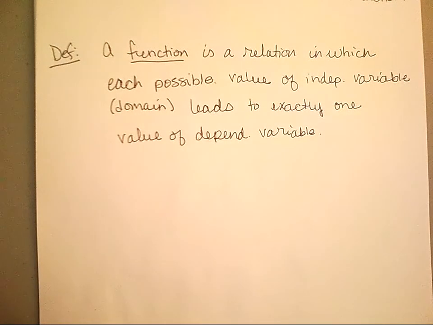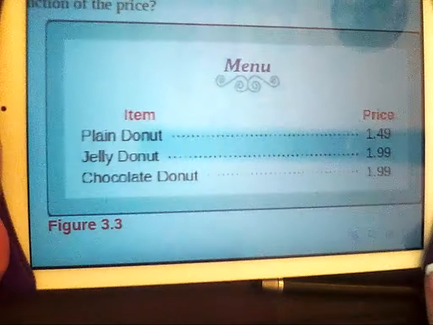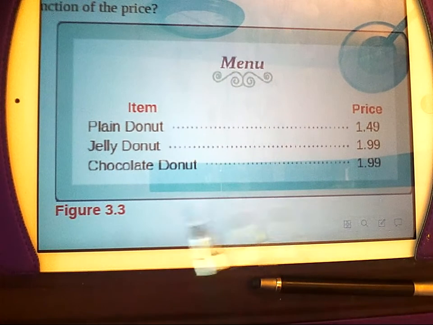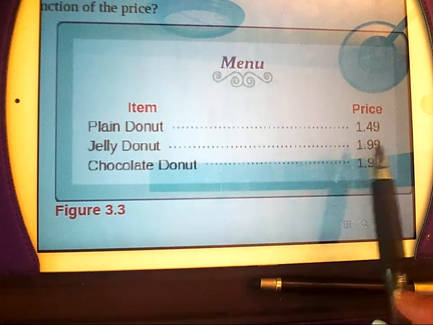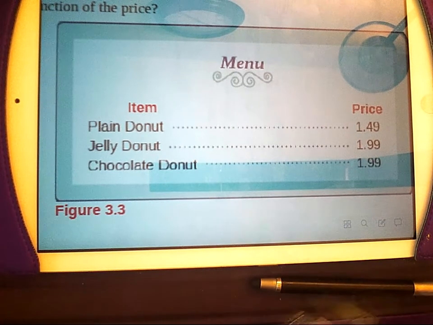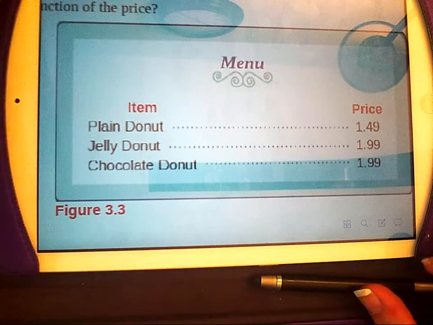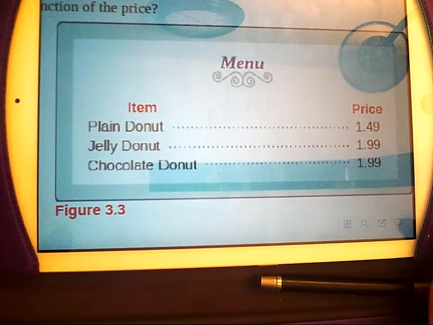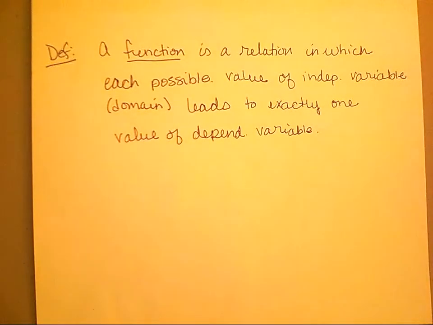So let's look at menu values. Say for example we were given this. Here's our menu. Does this represent a function? And if so, is it a function of what? So we have plain donuts costing $1.49, jelly costing $1.99, and the chocolate also costs $1.99.